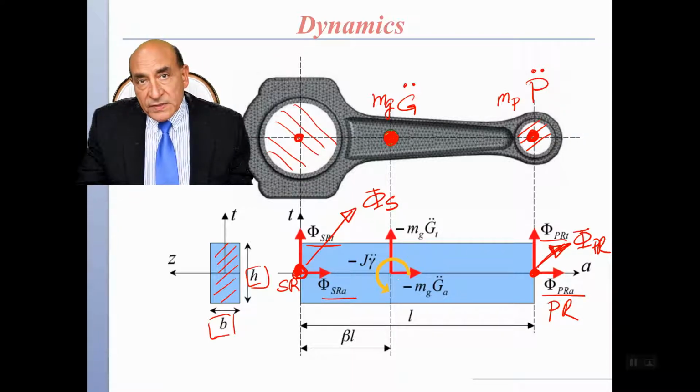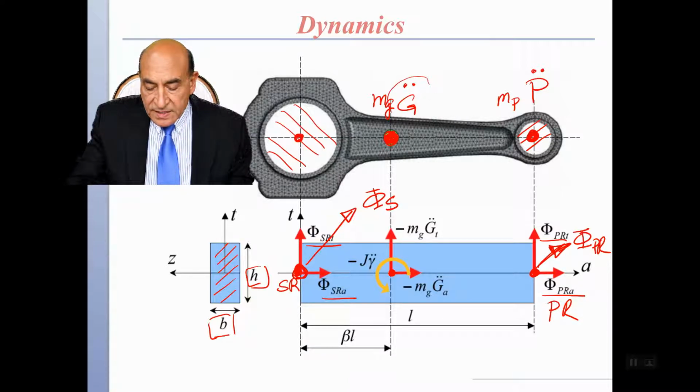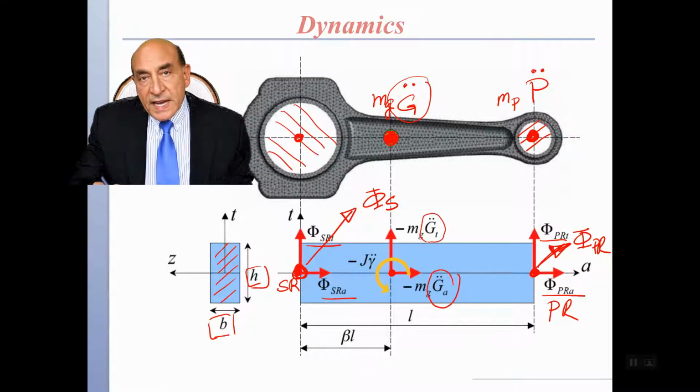The motion of the rod is reduced to the motion of a particle, and it has acceleration, and the acceleration now G double dot is a vector, and therefore it would have two components. One is tangential and one is axial, and these are going to be dynamical forces, m G double dot tangential and m G double dot axial. These will be the forces coming from inertia.